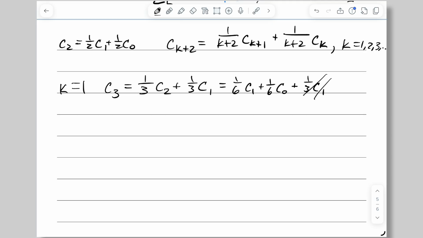Combining the c sub 1s is going to give us 2/3 c sub 1. Now what I have is c3 in terms of c1 and c sub 0. C sub 4 is going to be in terms of c sub 3 and c sub 2. But c sub 2 is in terms of c1 and c naught. C sub 3 is in terms of c1 and c naught. The bookkeeping just is kind of lousy.